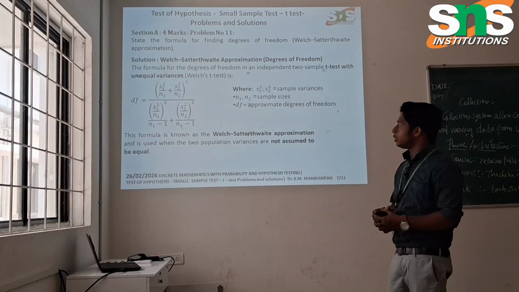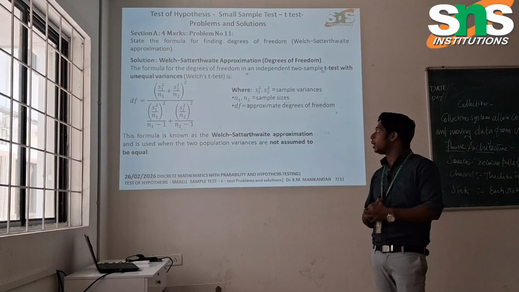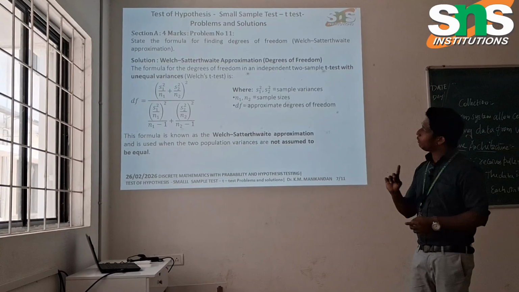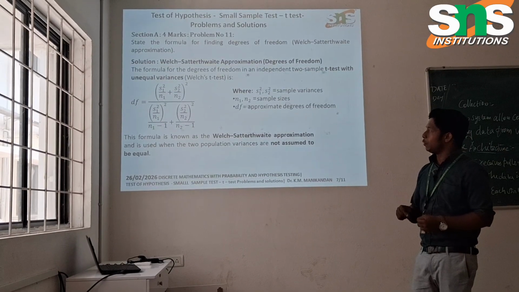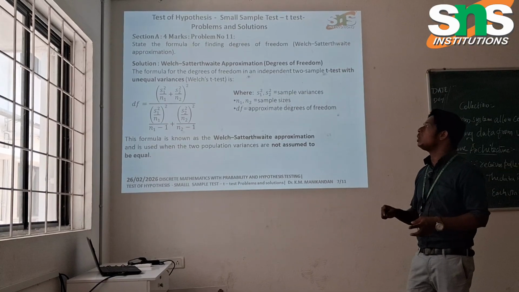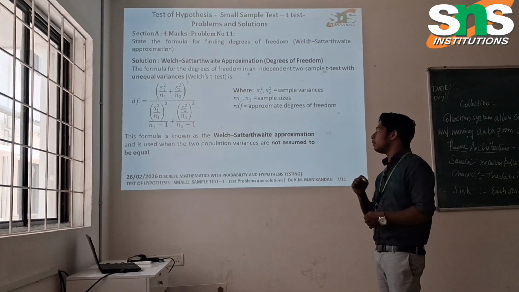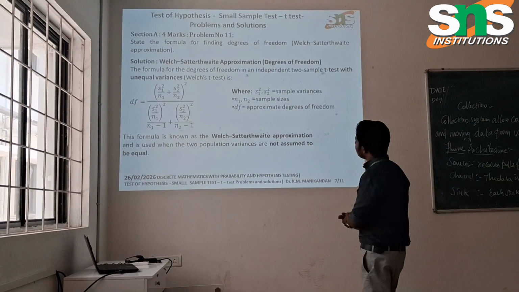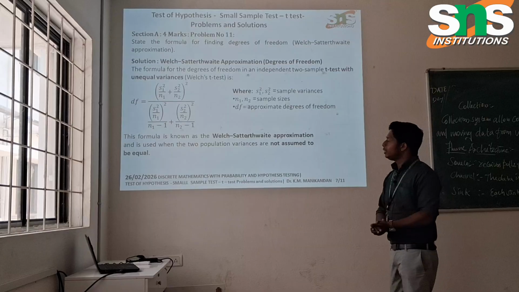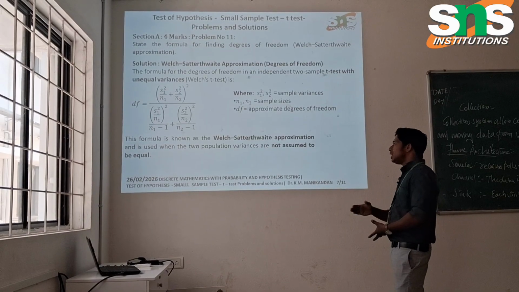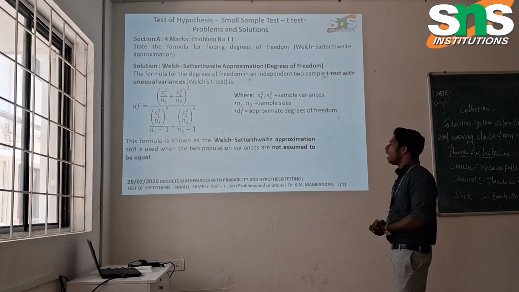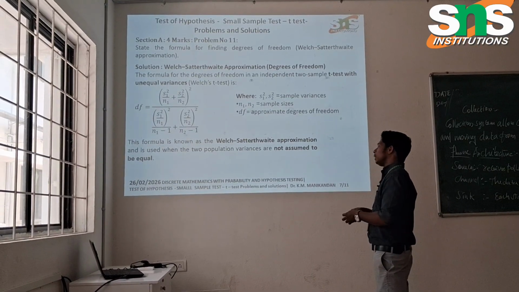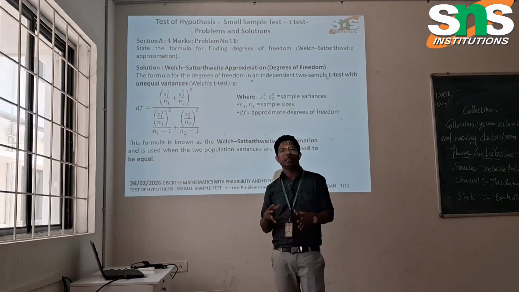Degrees of freedom equals S1 squared by N1 plus S2 squared by N2, the whole squared, divided by S1 squared by N1 the whole squared divided by N1 minus 1, plus S2 squared by N2 the whole squared divided by N2 minus 1. This gives the approximate degrees of freedom. This formula is known as the Welch-Satterthwaite approximation and is used when two population variances are not assumed to be equal.